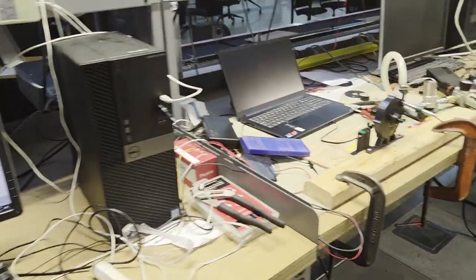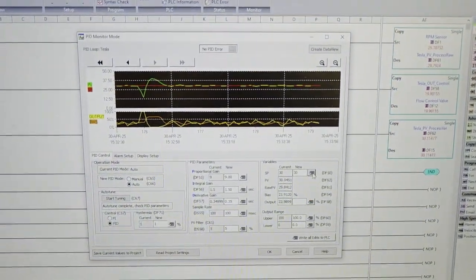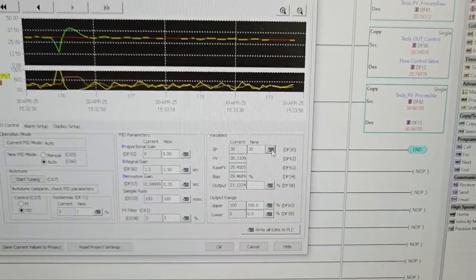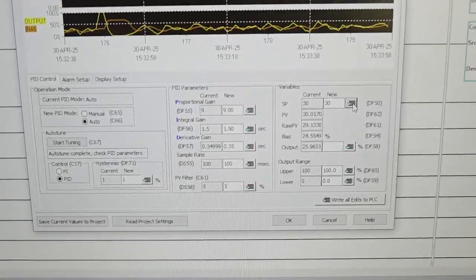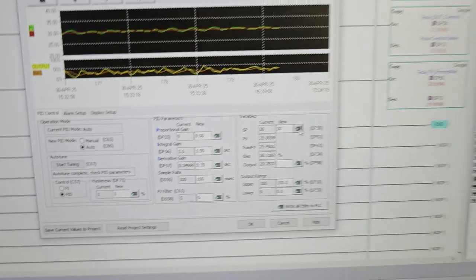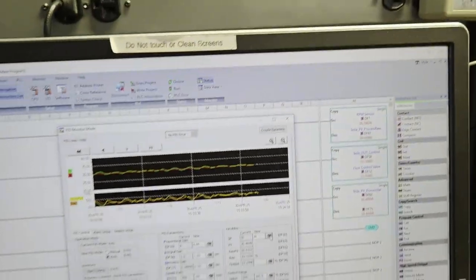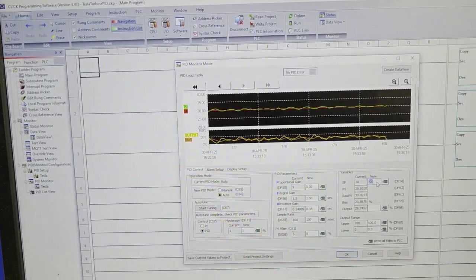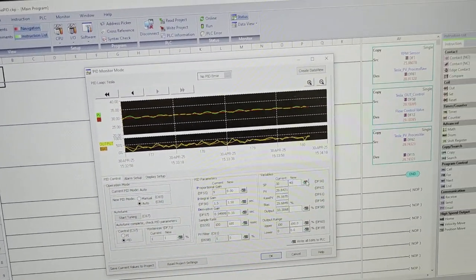Here's our test of the Tesla turbine. We have the PLC controls running with the PID. Here's our values currently. We have the set point at 30 with our manually found values for the PID control. So we'll start by bumping it from the 30 set point to 40 to show how it reacts.